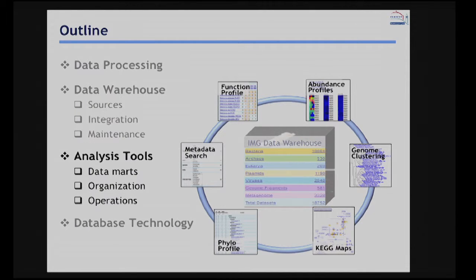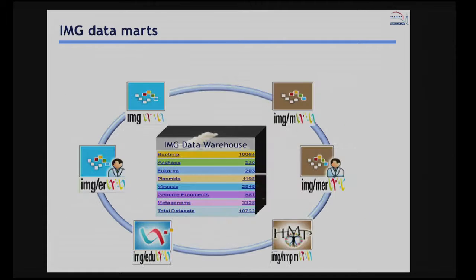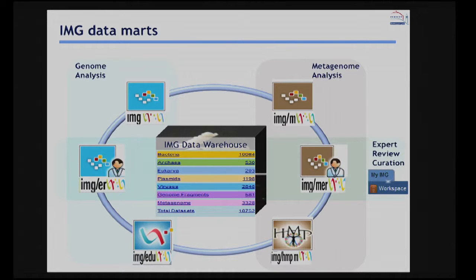So let me now go to the analysis tools briefly to give you a sense of how analysis is conducted. There is a data warehouse where all the data are integrated, all genomes and metagenomes go into one big pot, and around it there are a number of data marts that look at subsets of the data. There is a difference between genome analyses. Some people want just to focus on isolate genomes.